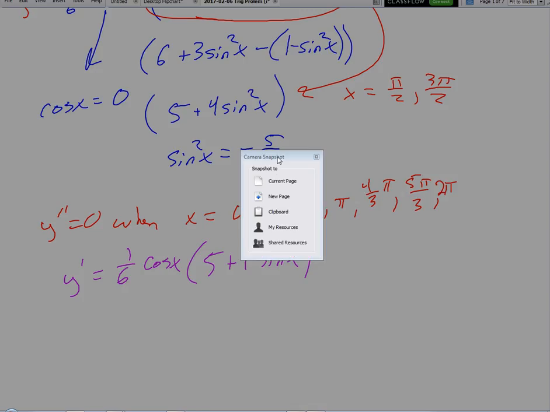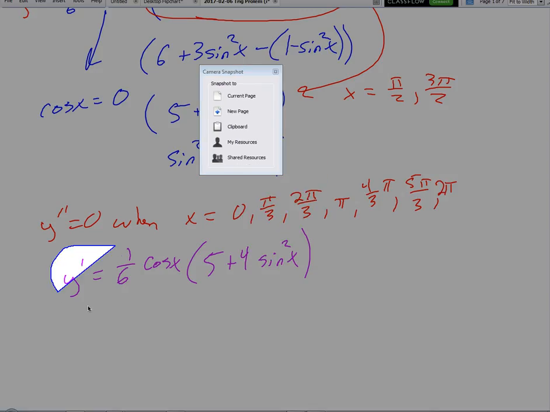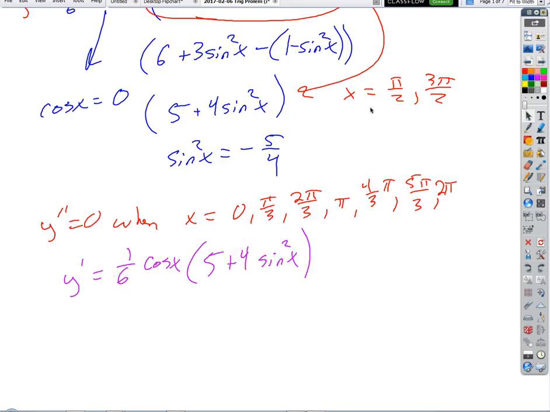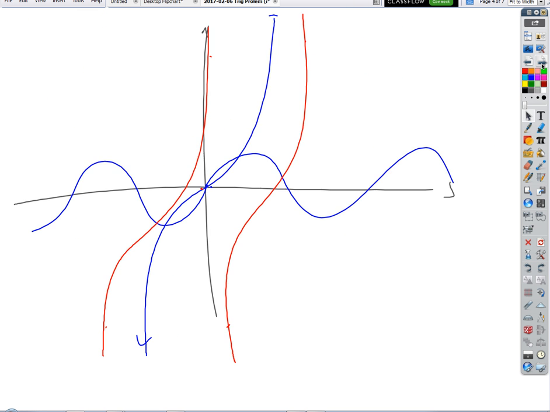So why do I have cosine x minus 1/6 cosine 3x? Because that's what the first derivative is, but then to find the zeros, you have to do cosine 3x. Oh, that's why you had all that stuff.